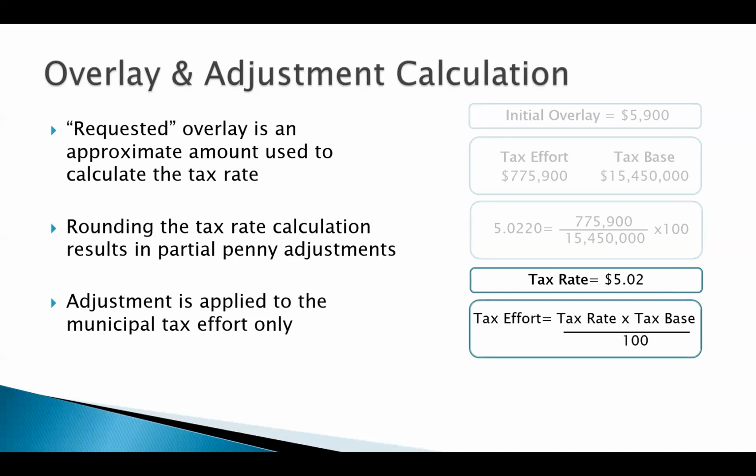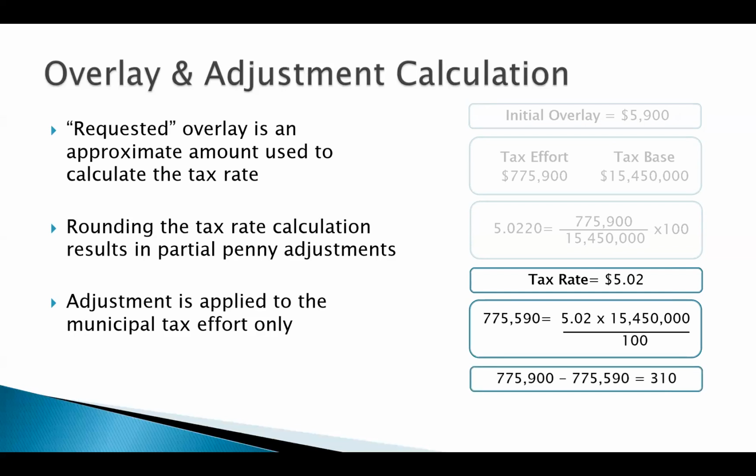So now let's calculate what our final tax effort would be using that $5.02 tax rate. So again, multiplying that through, our number's a little bit different now. We're going to actually raise $775,590. So we're actually off by $310, and we're going to adjust our overlay by that $310.